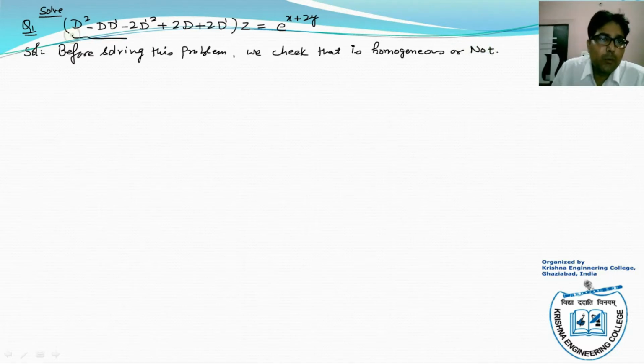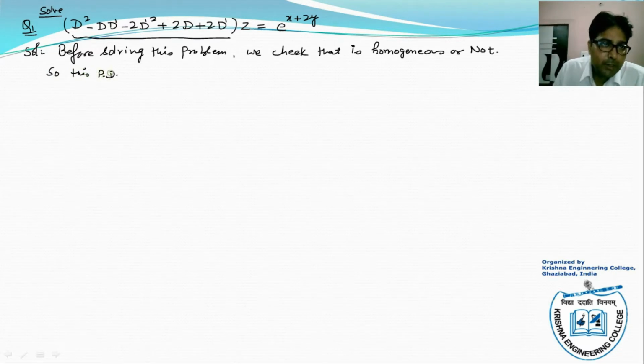Clearly this equation is not homogeneous, because all the terms do not have equal degree. Clear? So this partial differential equation is not homogeneous, that means non-homogeneous.